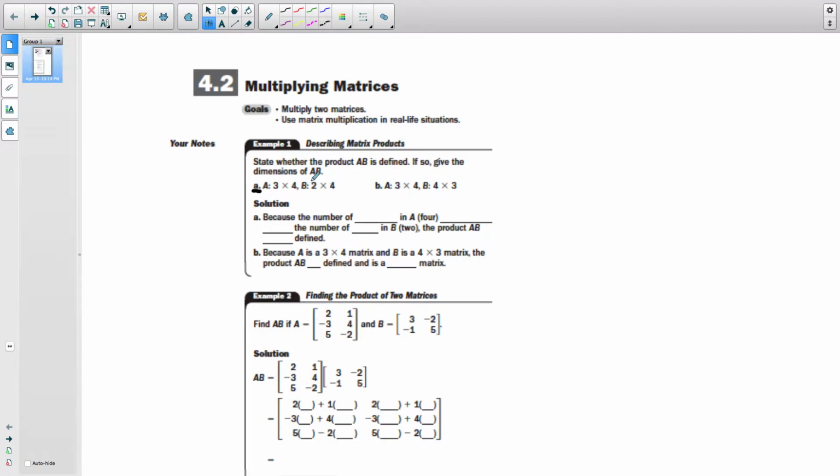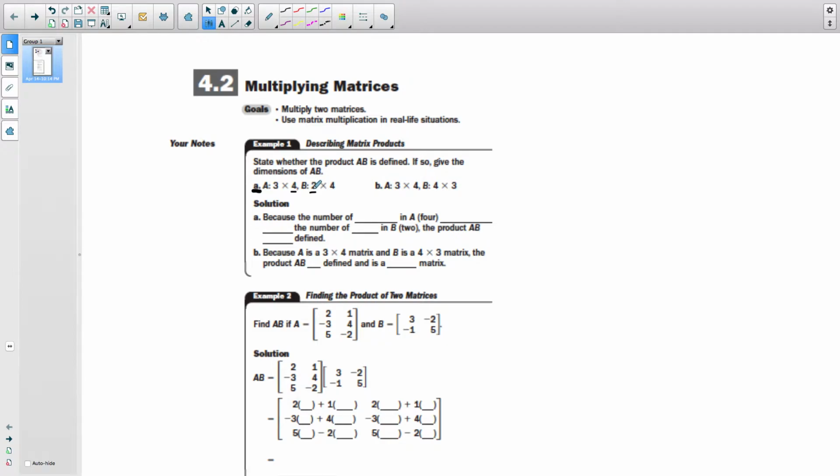In order to multiply two matrices, you want to look at the columns of the first matrix and the rows of the second matrix. They have to have the same number of columns in the first matrix and rows in the second matrix.